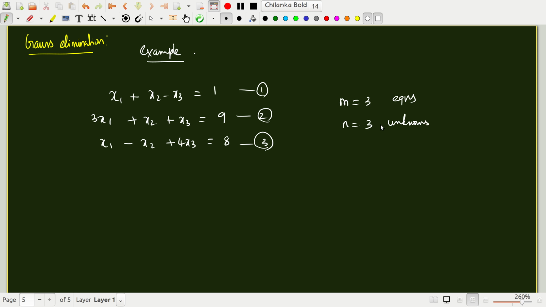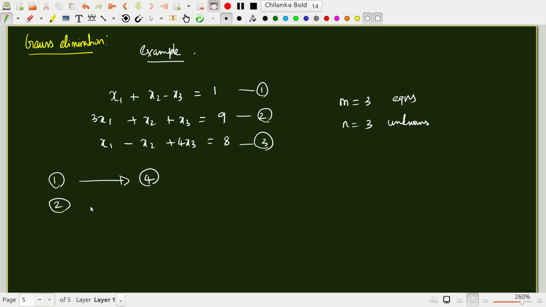Alright. Now let's transform these equations by linearly combining. Let 1 remain the same and we'll call this equation 4.